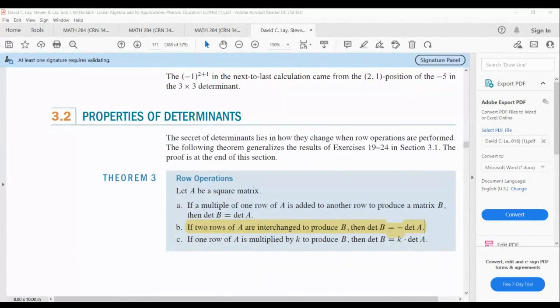If we interchange two rows of a matrix to produce a new matrix B, the determinant of that matrix B is negative times the determinant of A. And here's a little example to reinforce that.